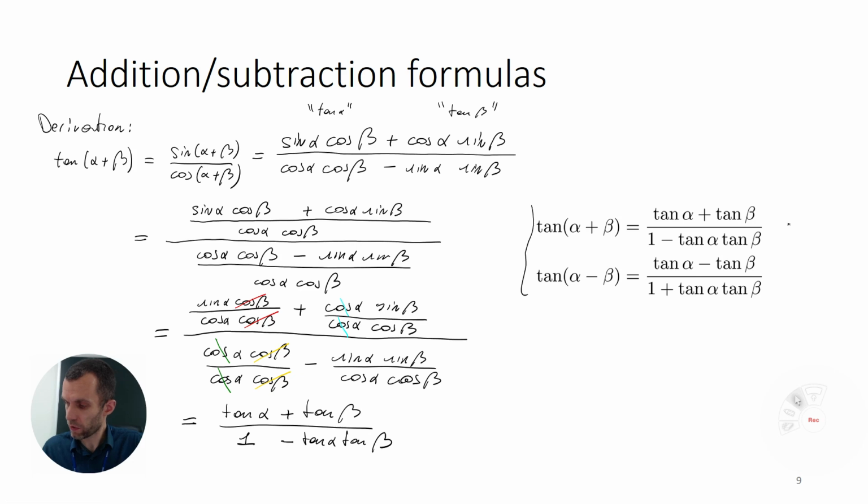And that gives us our formula that's on top here. You can do the other one, the minus one, in exactly the same way, or you can use a shortcut to say, well, alpha minus beta, that's alpha plus minus beta, and then reuse the same formula.